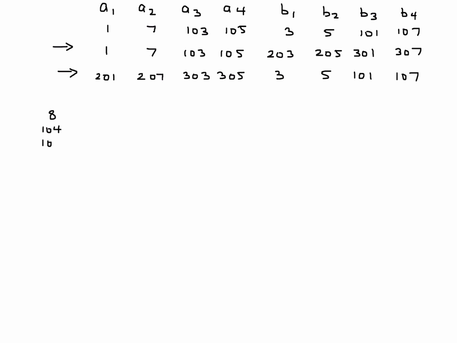A1 plus A4 is 106. A1 plus B1 in this case is 204. And you get the hang of this. So 206, 302, 308. And then very similarly, I'll just create all the pairwise sums for this first set.